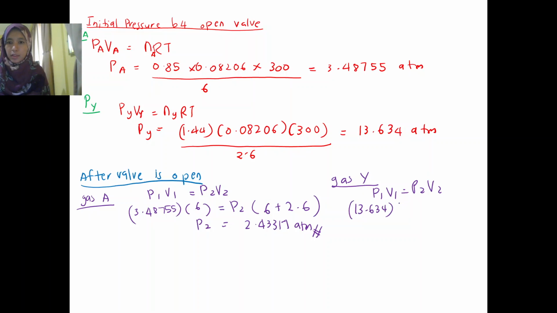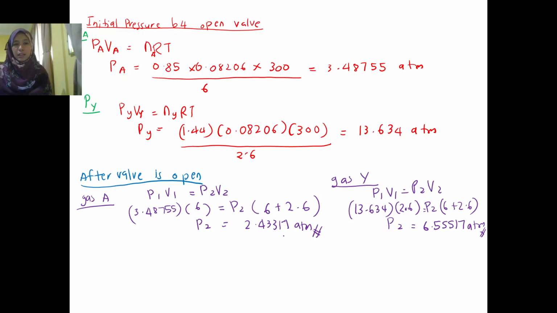Okay, volume gas Y 2.6. So we calculate for P2, volume 2, meaning mixing antara dua ni 6 plus 2.6. So we have pressure for gas Y after the valve is open 6.55517 atm.